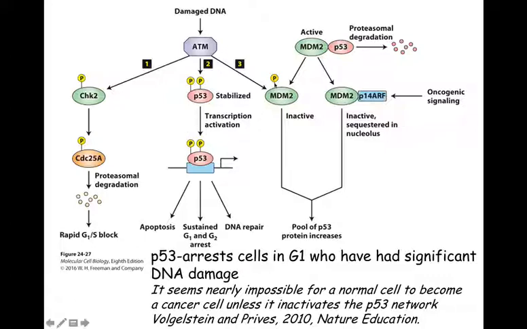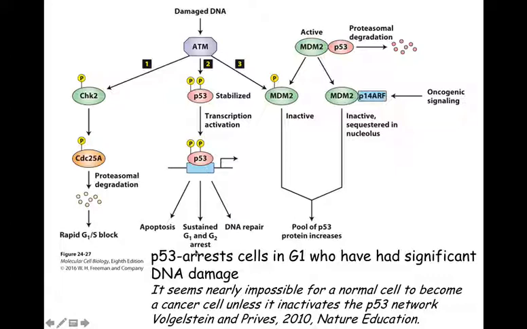And stabilized P53 is a transcription factor that will bind to DNA. And when it binds to DNA, it can synthesize DNA repair mechanisms. So it'd say, okay, there's a problem. There's mutations. Let's try to fix those mutations.